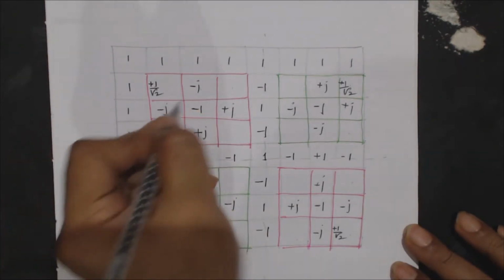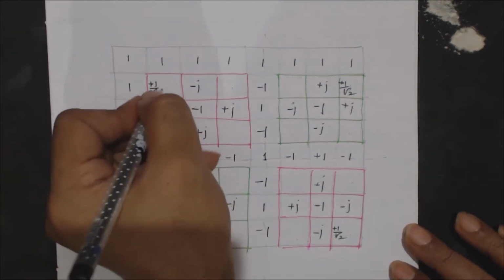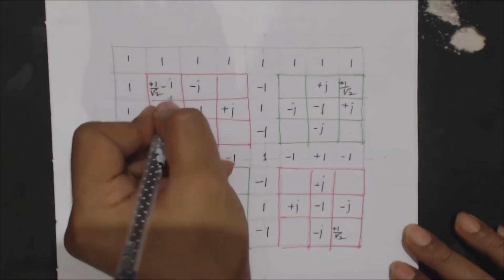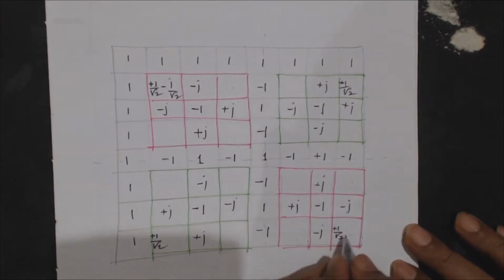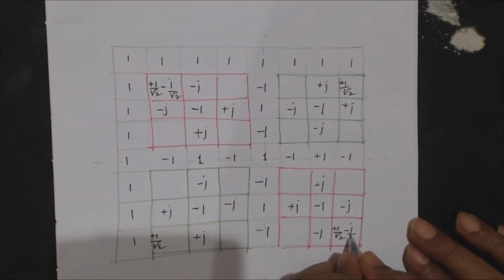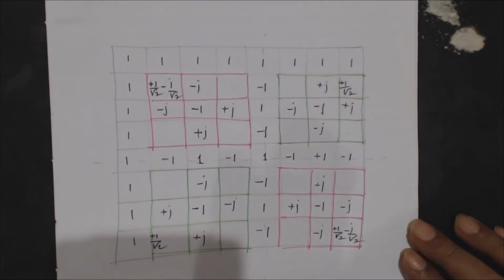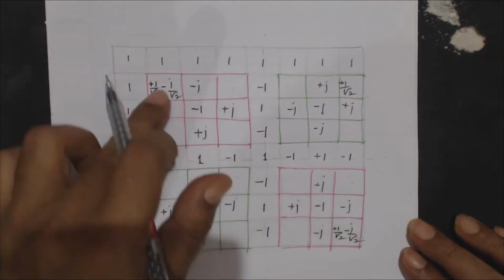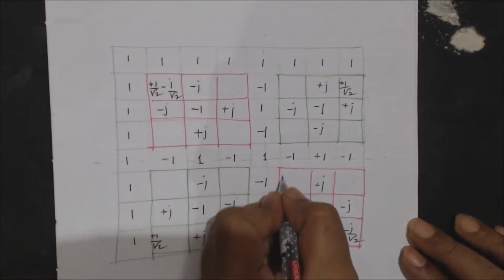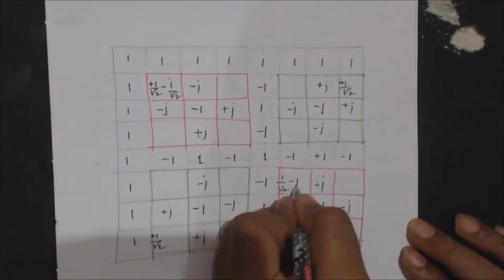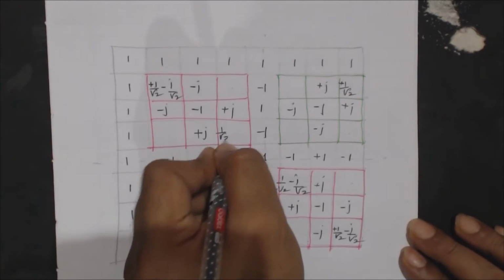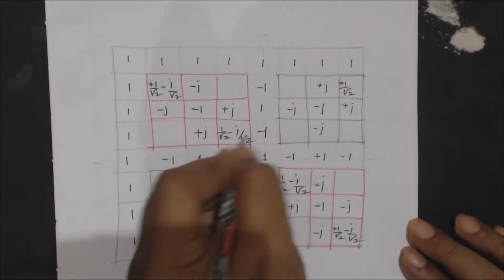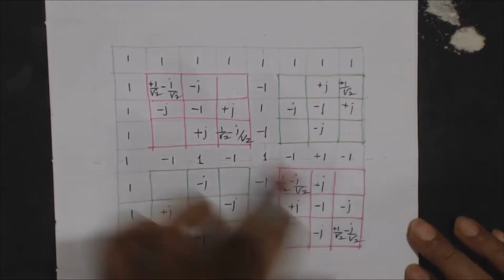As in this diagonal I have negative j, so put here negative j by root 2. In the same way, these two are negative, so put here negative j by root 2, and fill up this whole diagonal with 1 by root 2 minus j by root 2. So this diagonal is over.